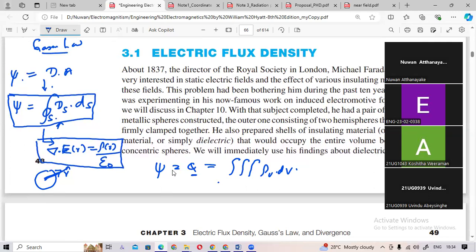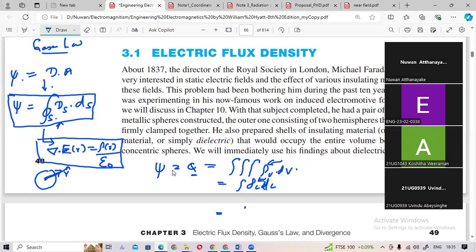If it is a line charge, we can calculate this using the line integral, rho L dl. And if it's a surface charge density, so this is a volume charge density, and this is a line charge density.